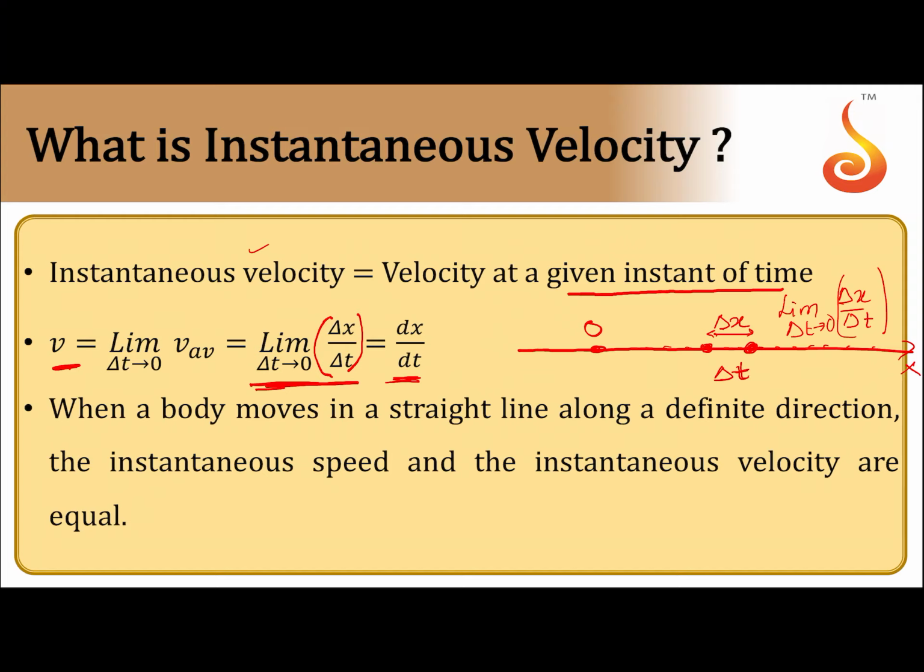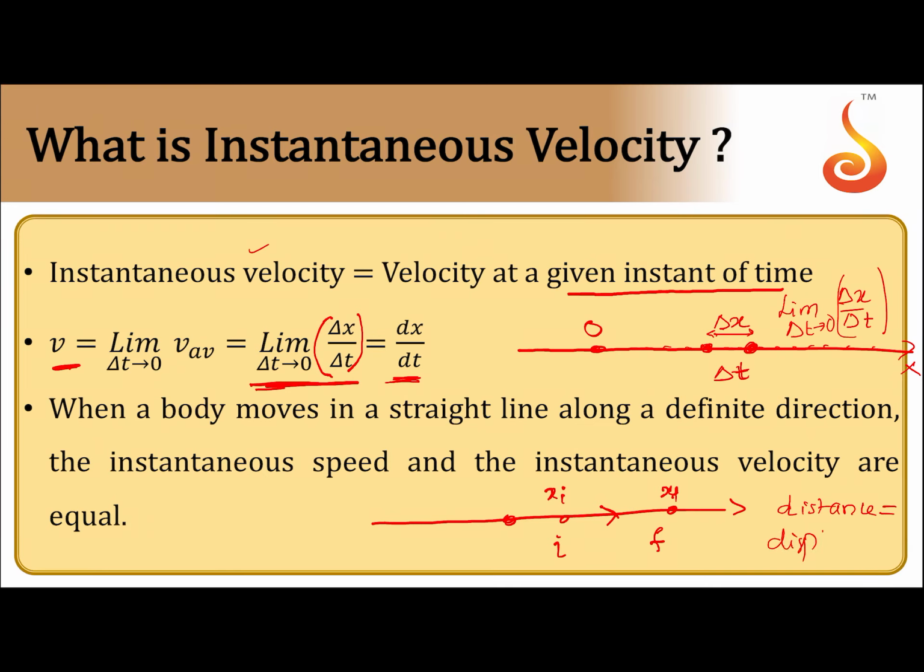If I consider a body moving along a straight line path along a definite direction, for example, this is the initial position and this is the final position, this is xi and this is xf, do you notice that the distance travelled and displacement are equal to each other?